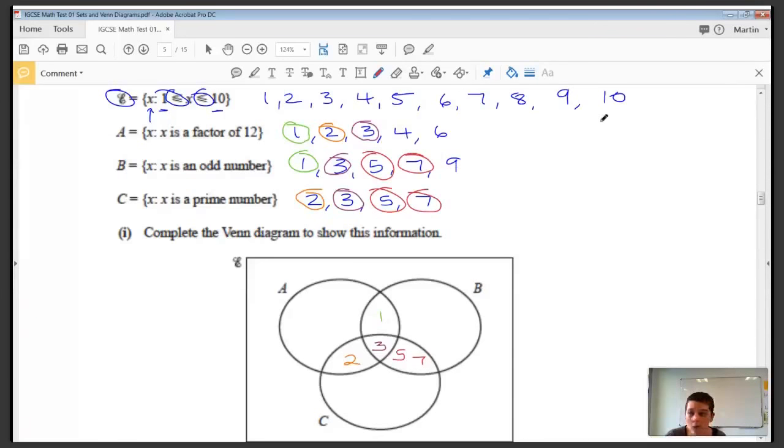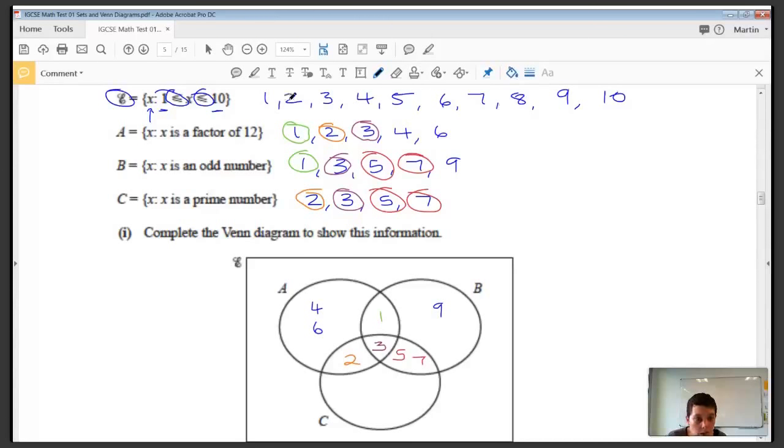And then we have to fill in what's left. So in A, we still have a 4 and a 6 that only belong in A. In B, we have a 9 that only belongs in B. And in C, they're already all accounted for. We're not quite finished yet, though, because we have to look at the other numbers in our universal set.